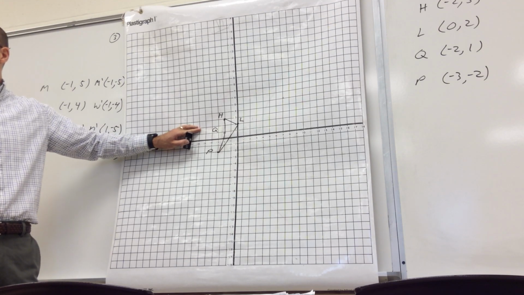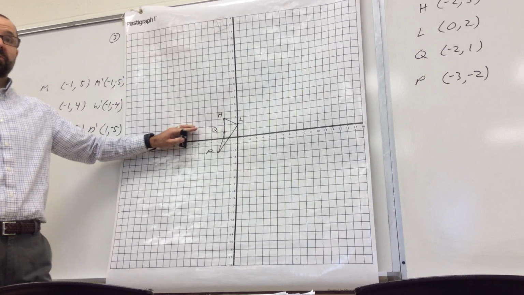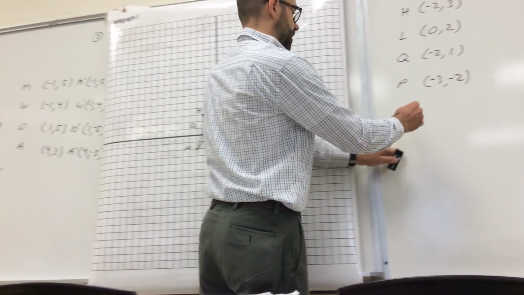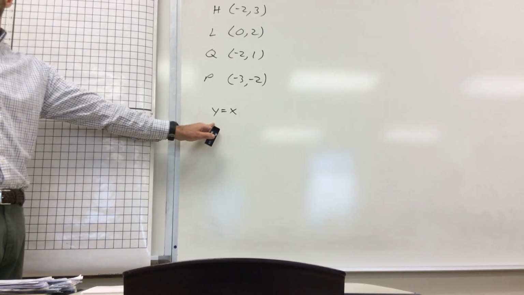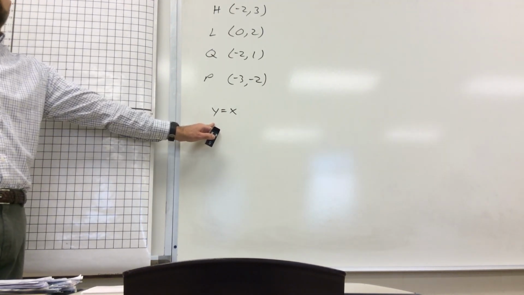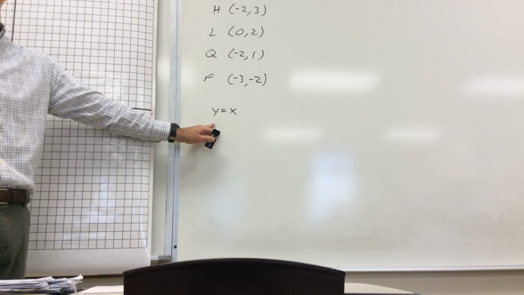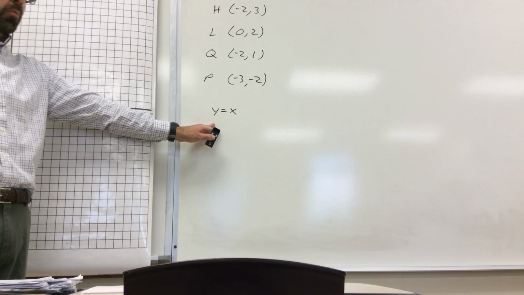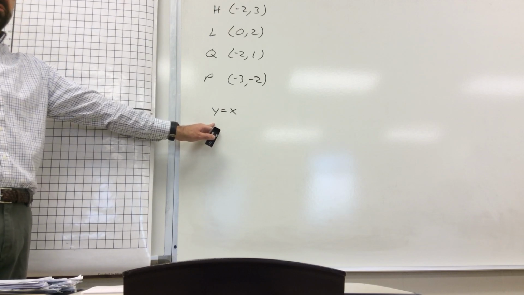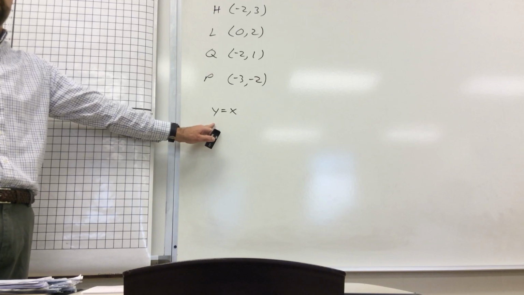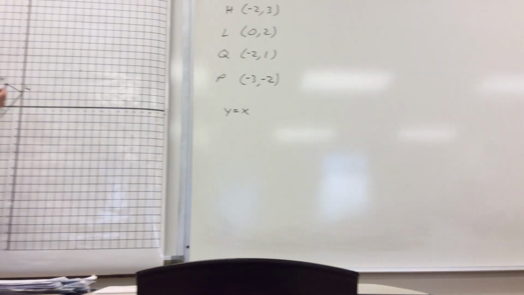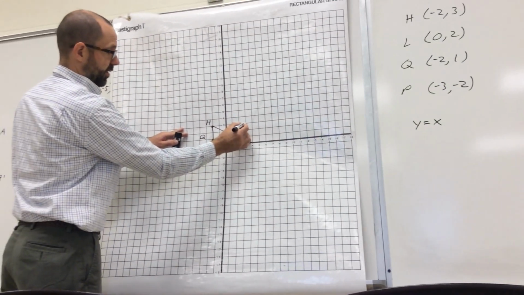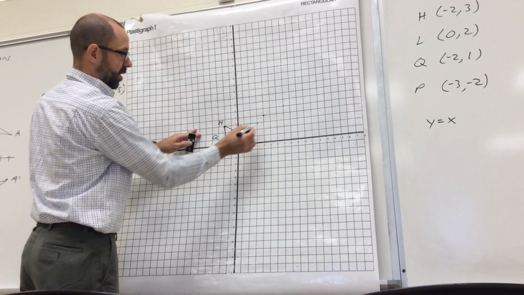Okay, now this time, what we're going to do is we're going to reflect across the line y equals x. And the line y equals x has all the points where y equals x on it. So for example, 1, 1 is on y equals x, and 2, 2 is on y equals x, and 3, 3 is on y equals x. So here's 3, 3, 4, 4.